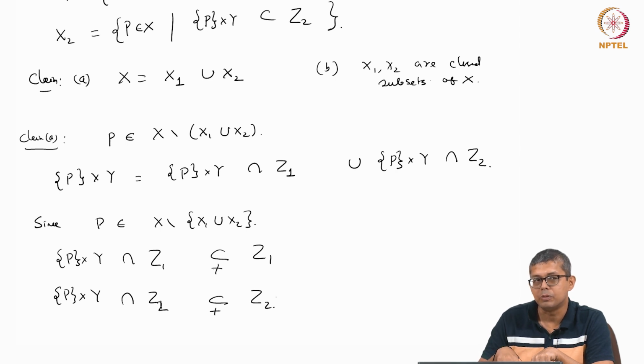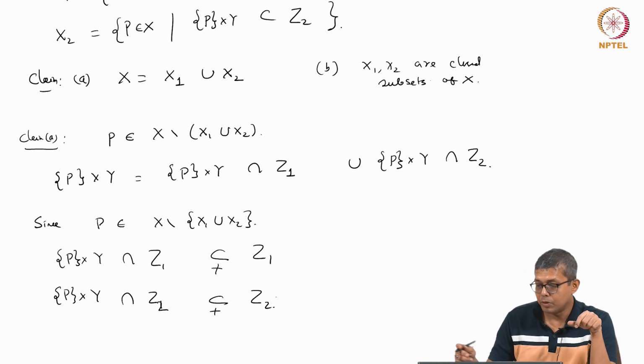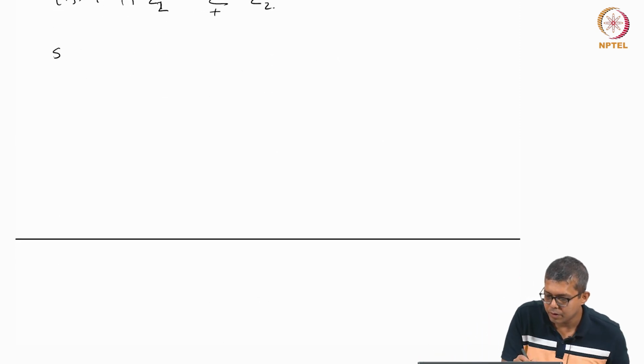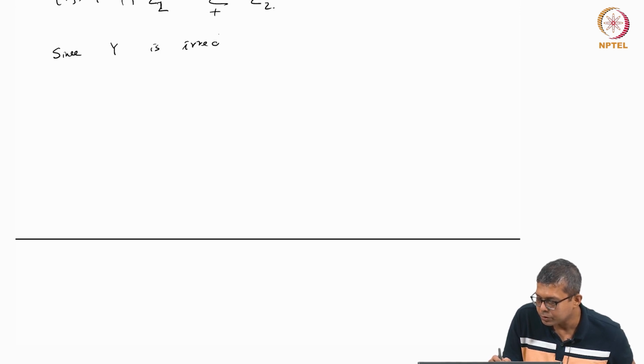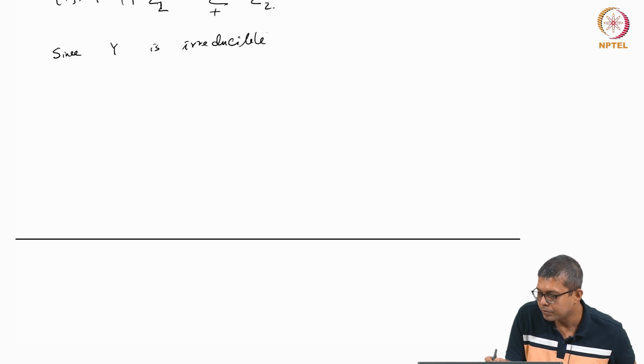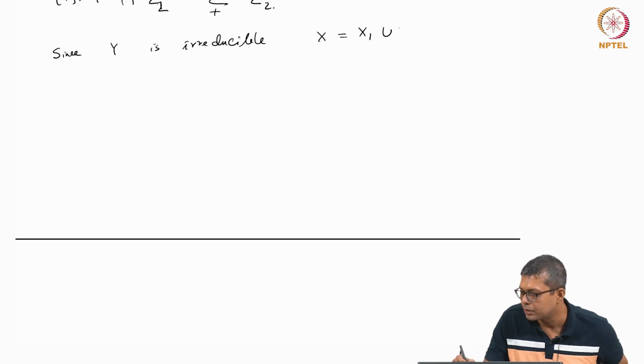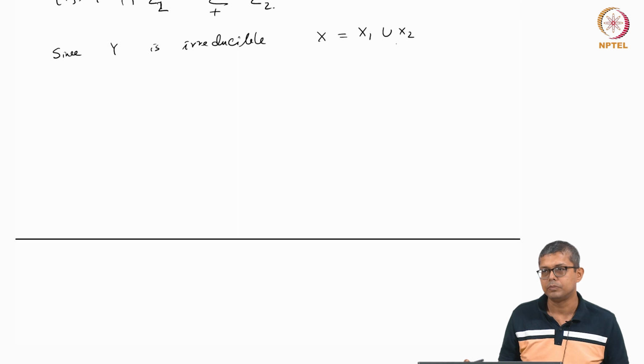But Y is irreducible, so that cannot be true. So that means there is no such P, so X is X1 union X2.